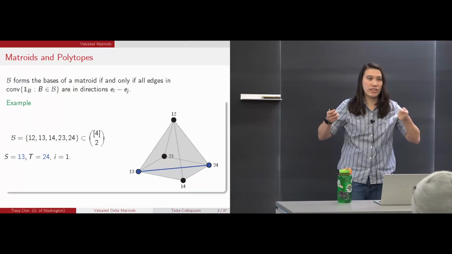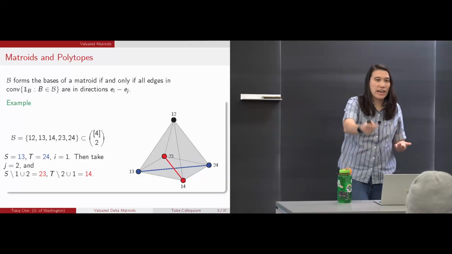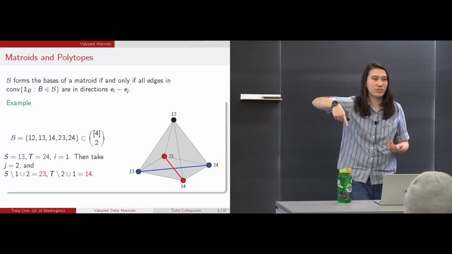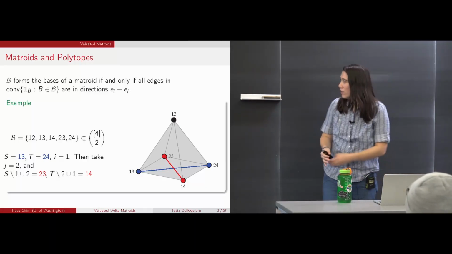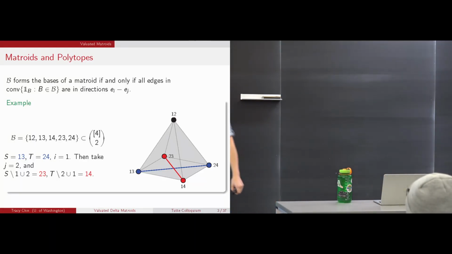If we have {1,3} and {2,4}, then we have to have something that we can exchange to get 2 new bases, and so those will also be vertices. In particular, we can't have this blue edge because it would intersect with this red edge. Once we have the blue segment and the red segment, because of how polytopes work, we have to have this whole square, and in particular, neither of these can be an edge.